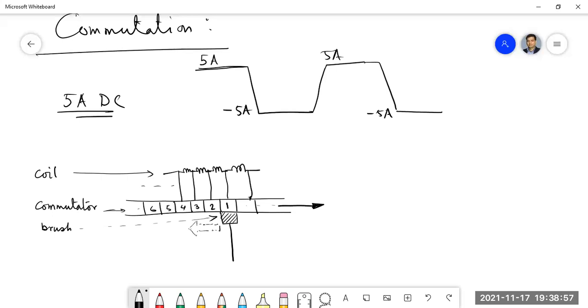After some time there will be 50-50, so 50% will be in contact with 1 and 50% with 2. Then there will be more contact with commutator segment 2 than 1. Then it will be totally in contact with 2, and there will be no contact with commutator segment 1. So here we'll discuss 5 different instances.